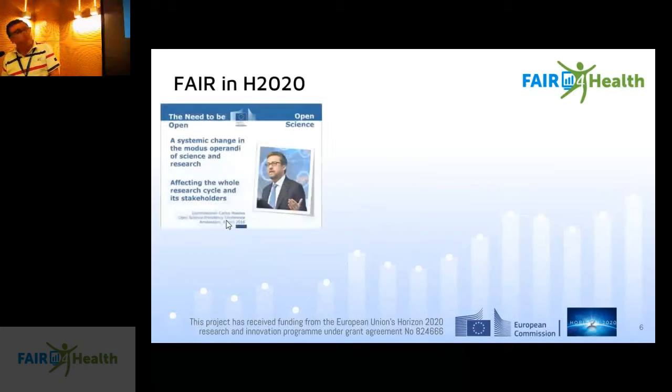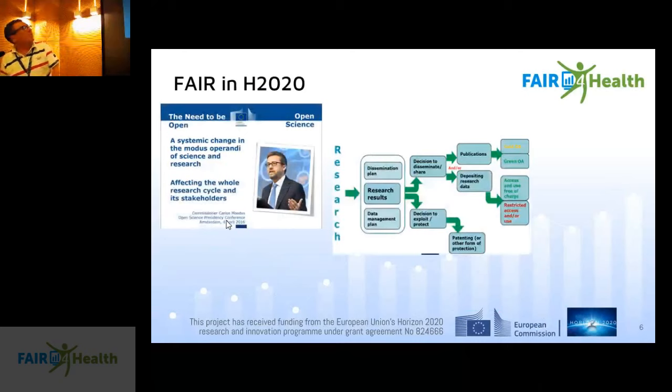Specifically in Horizon 2020, we can see some news about the importance of FAIR, in this case from the Commissioner, Carlos Moedas. You can see one workflow on how FAIR principles can improve and accelerate the research.